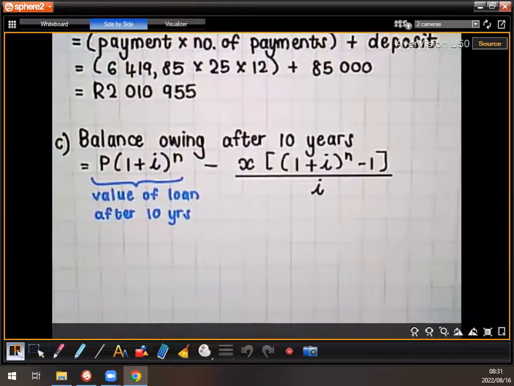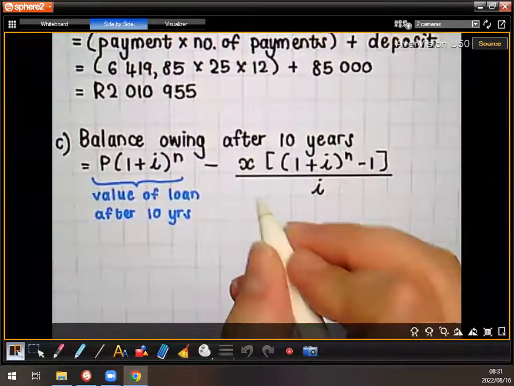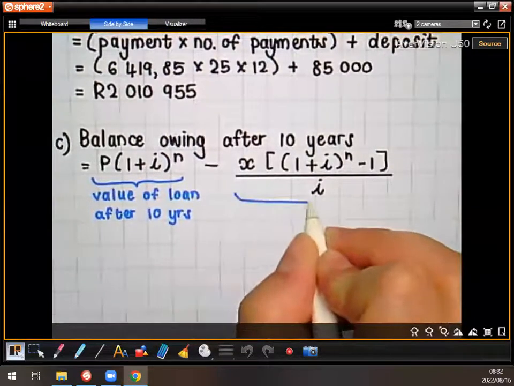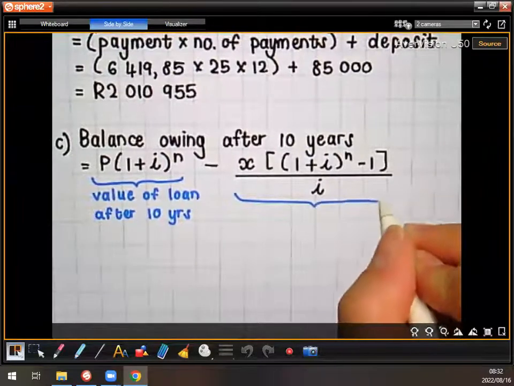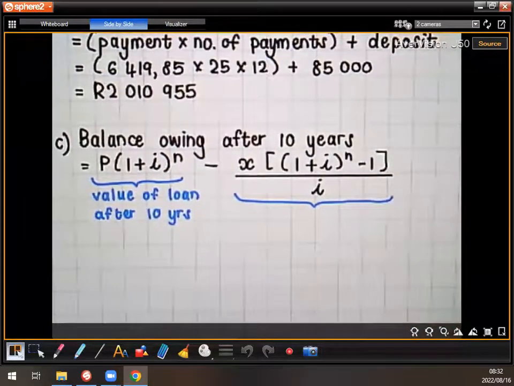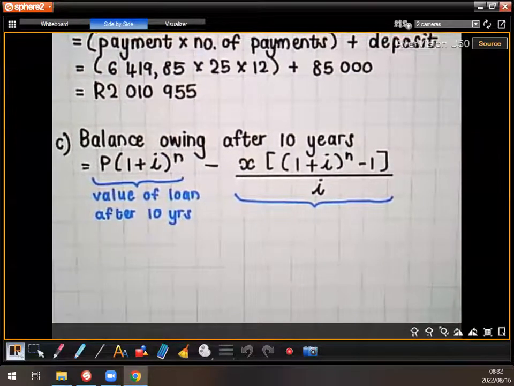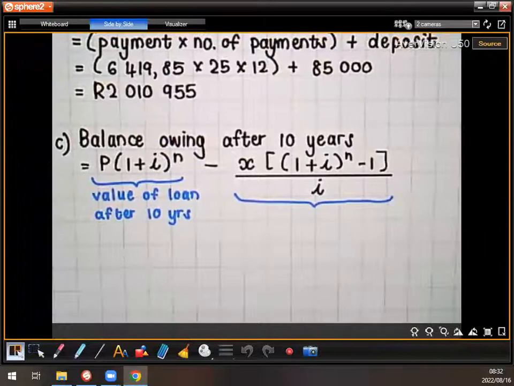So that key calculation there is going to give us the value of the loan after 10 years if he hadn't been making any payments, but then we are going to subtract the value of all the payments that he has actually been making, and we're always going to see that as an investment. So it's almost like he's taking this loan out, it's a separate thing, but he's also making an investment by paying 6,400 and something around every month.